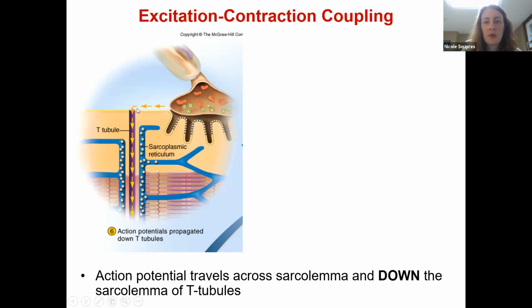And remember that the sarcolemma extends down into these tubes called T-tubules that actually penetrate down into the middle of the cell. So the action potential is going to continue to be propagated down across that sarcolemma into these T-tubules, so it can actually penetrate into the middle of the cell.